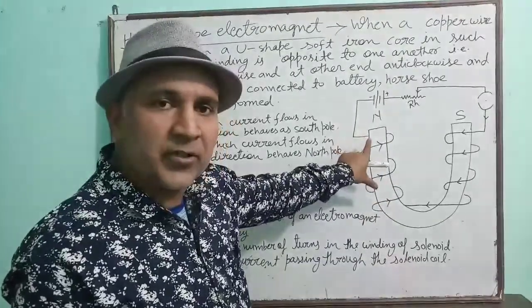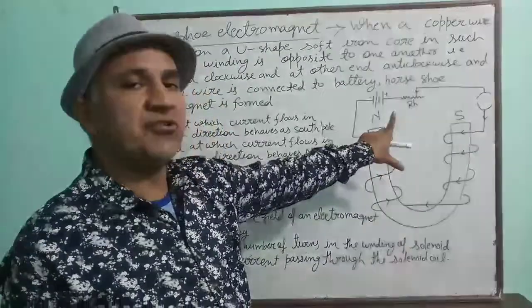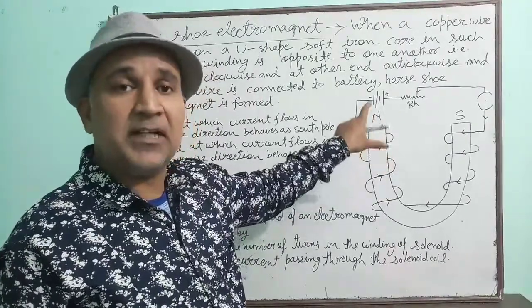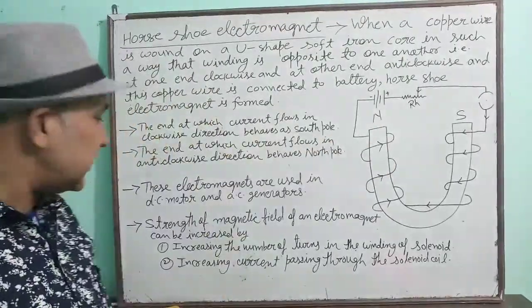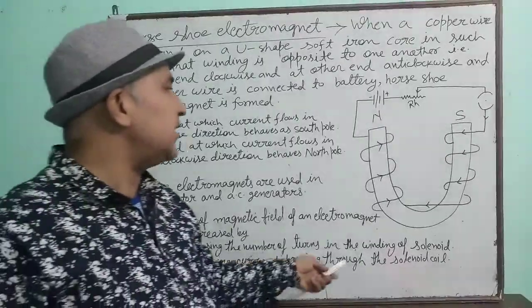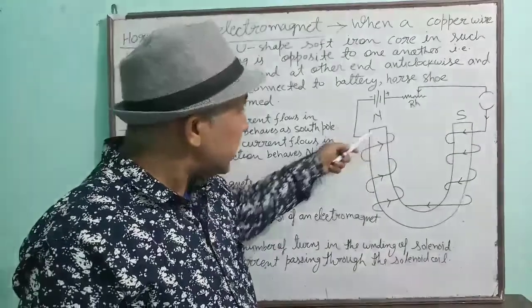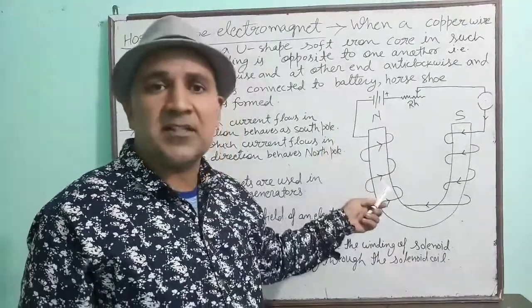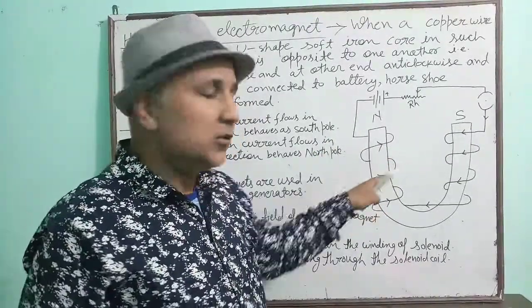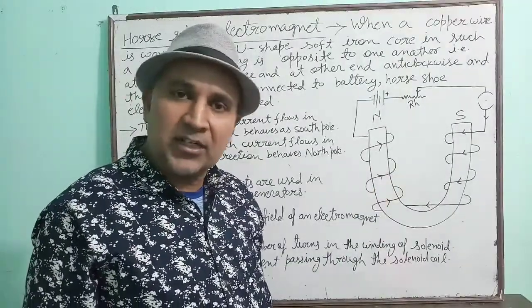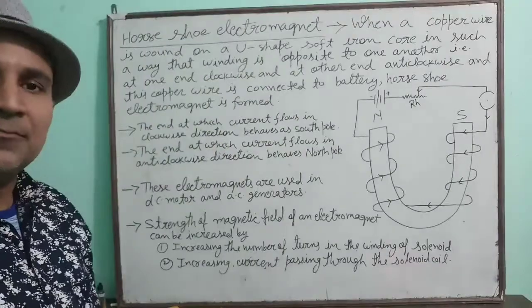The more the number of turns of the coil, the more is the strength of the electromagnet. The second method is by increasing the current passing through it. With the help of a rheostat, we can increase the amount of current passing through it. More current, more magnetic field will be produced here. Understood? Now note down these.